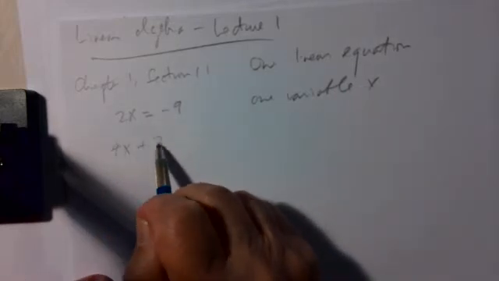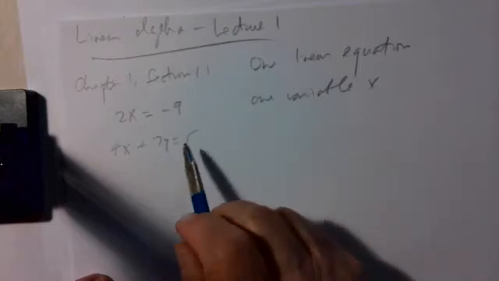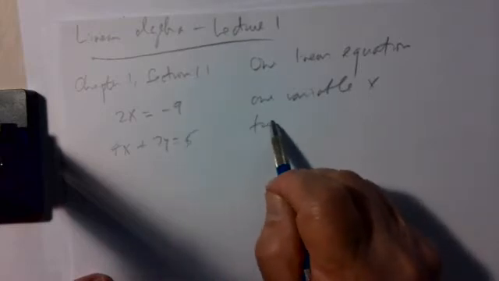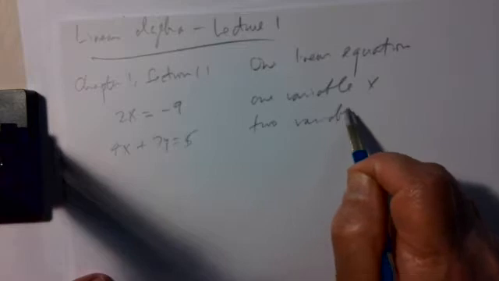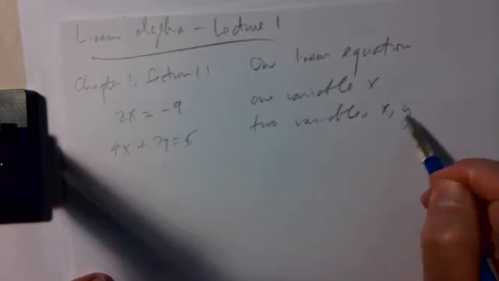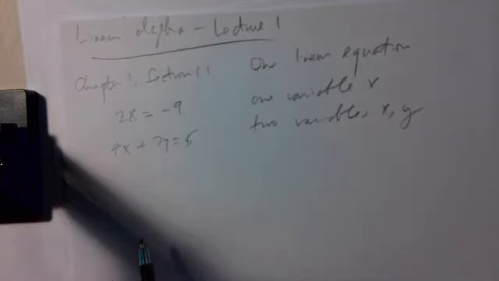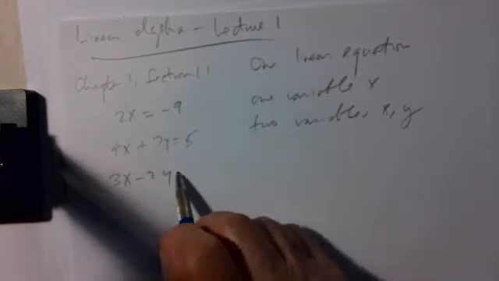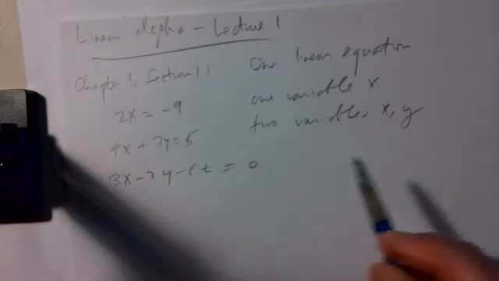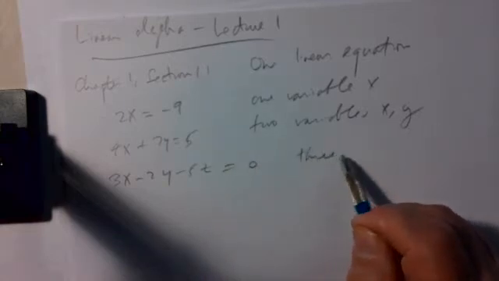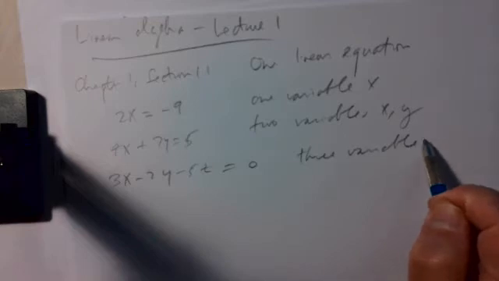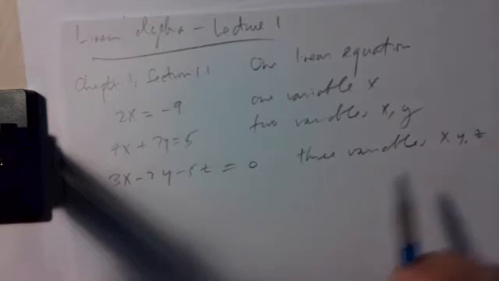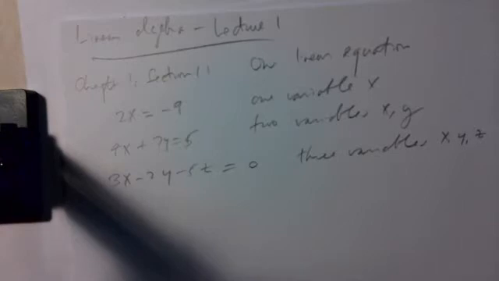Or 4x plus 7y equals 5 is a linear equation in two variables, x and y. And 3x minus 2y minus 5z equals 0 has three variables. In general, one can have any number of variables in a linear equation.